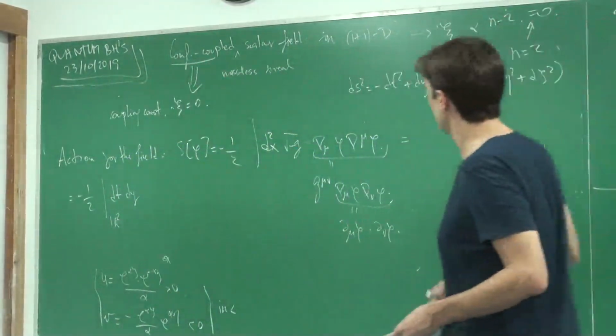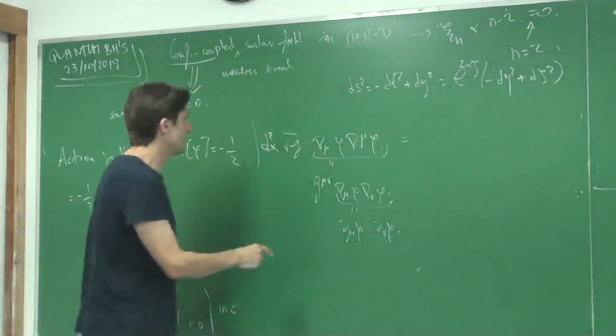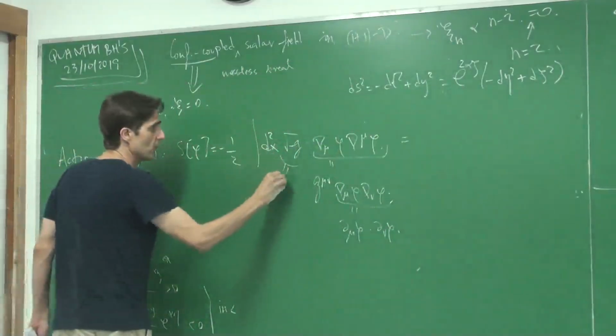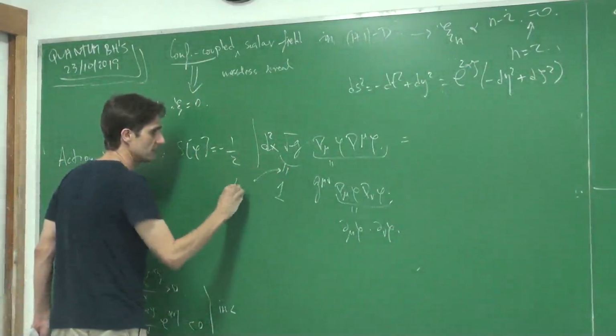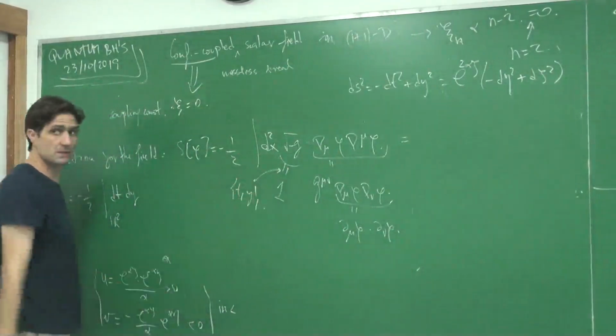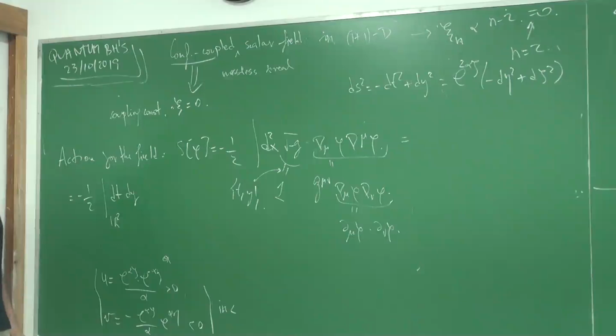The square root of minus g is equal to 1 in t y coordinates, where g is the determinant of the metric.